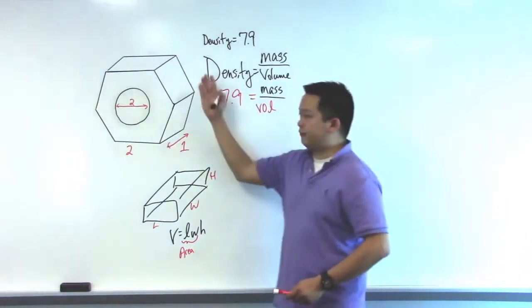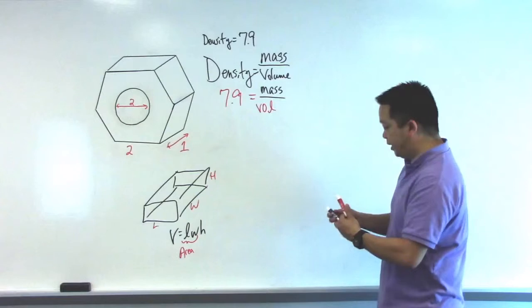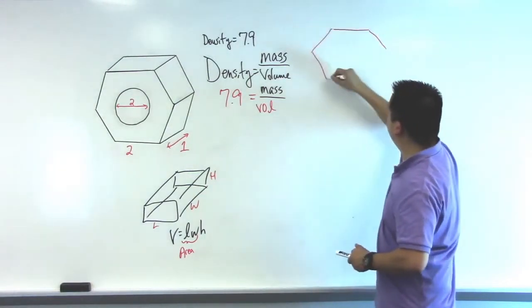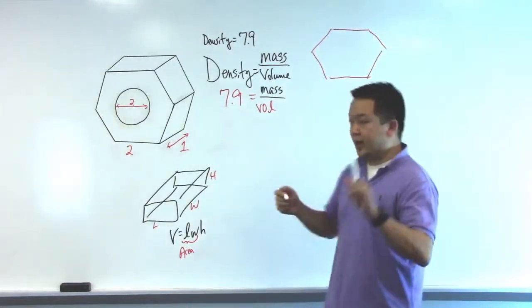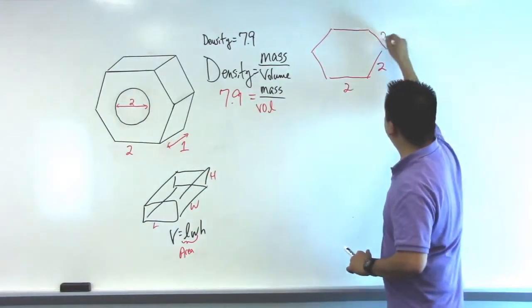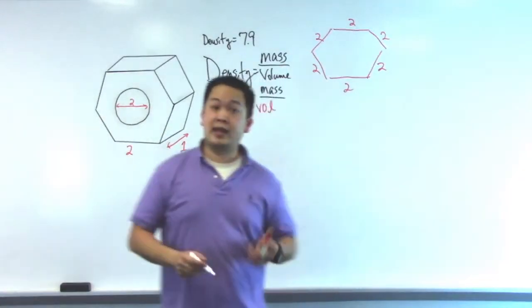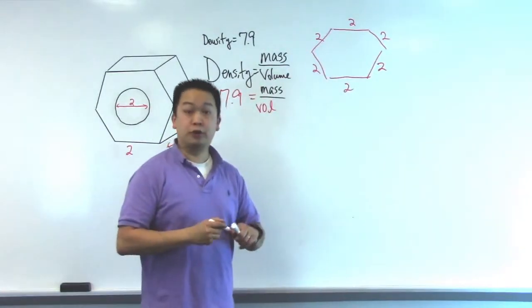So in breaking this down, if I flip this metal hexagonal nut onto its base, I would essentially get a hexagon. A hexagon that has sides all of lengths 2 because the problem said that this was a regular hexagon. And that would mean that all the sides of the hexagon are congruent.